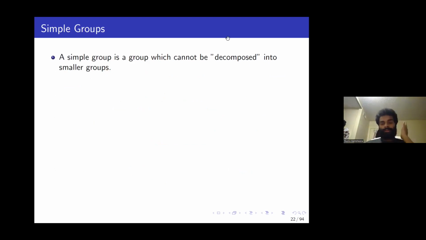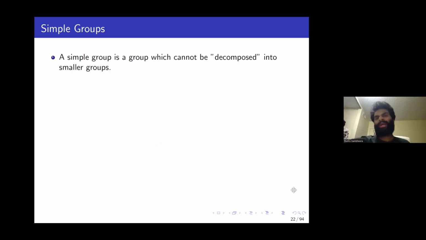So again, when we talk about groups, the first thing that should come to your mind is symmetry. We are studying exactly symmetry, nothing more, nothing less. But apparently, some groups can be decomposed into smaller groups. I wouldn't say much about what I mean by decomposed.